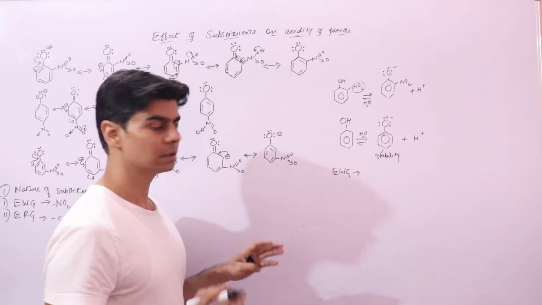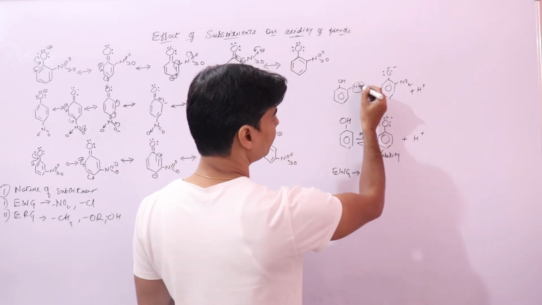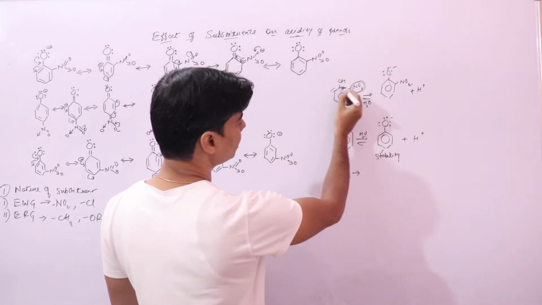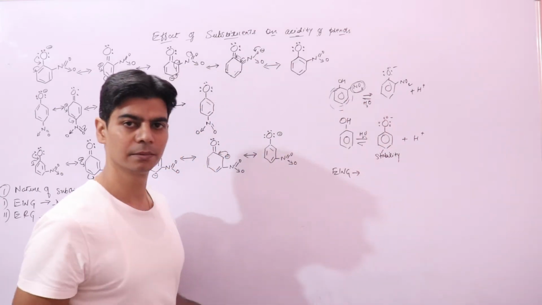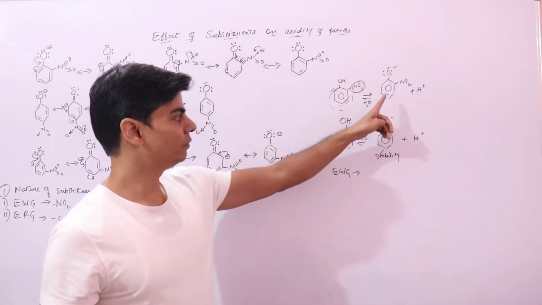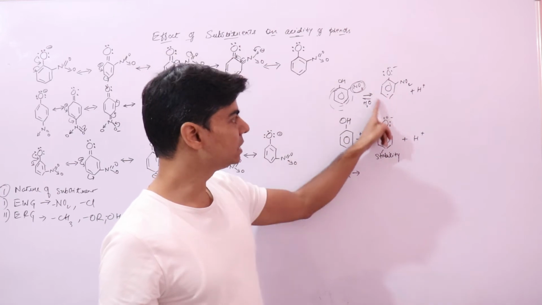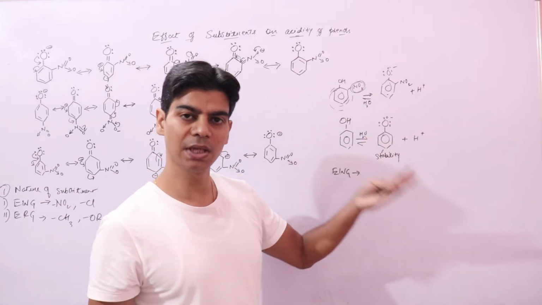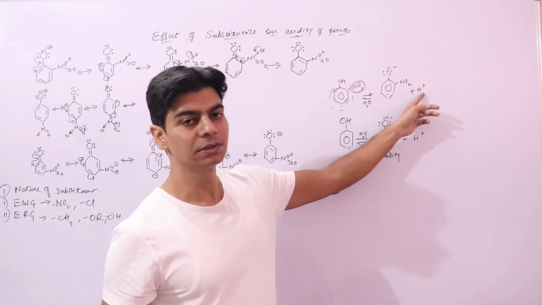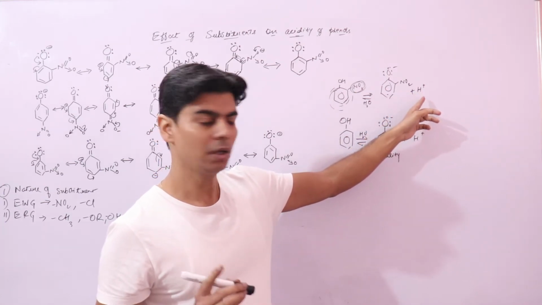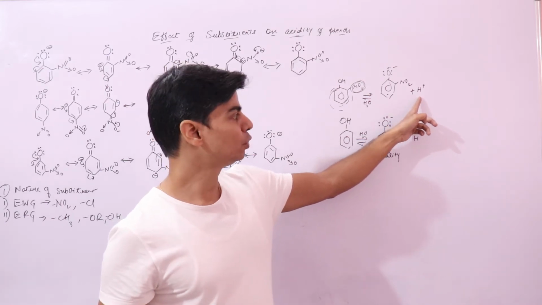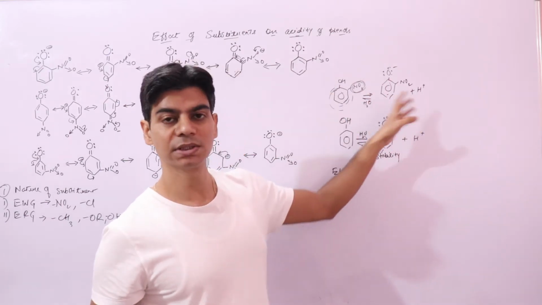Now let's say you have an electron withdrawing group. Since NO2 is an electron withdrawing group, it will withdraw electron density from this benzene ring, making it less negative. Now when this benzene ring is less negative, it is more stable, because it has less chances of combining with this positive proton, the hydrogen ion, due to which this compound is acidic.